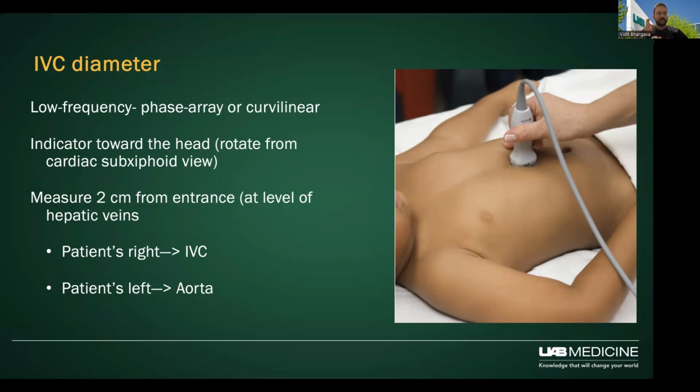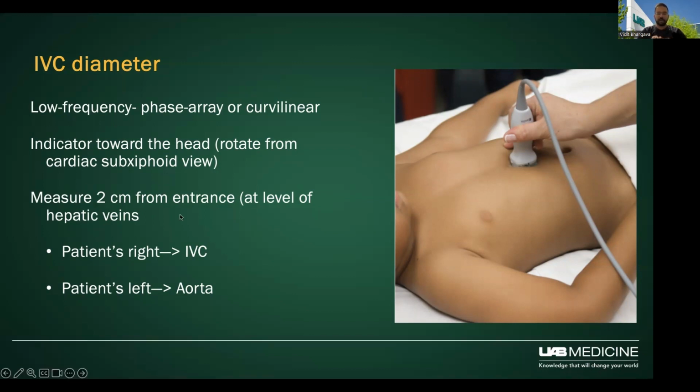The way that IVC diameter is looked at is you use a low frequency cardiac probe. And if that is not available, an abdominal or a curvilinear probe is just as fine. The probe is placed in the subxiphoid area, and the probe marker with a cardiac probe is either towards the patient's head or towards the patient's feet.